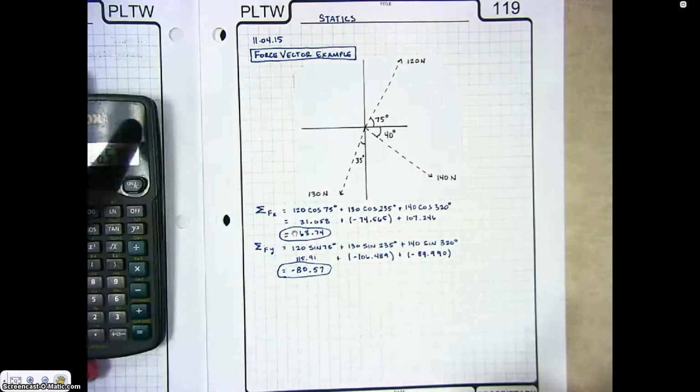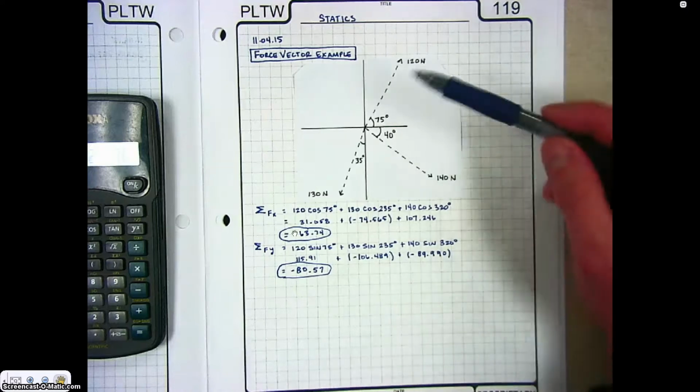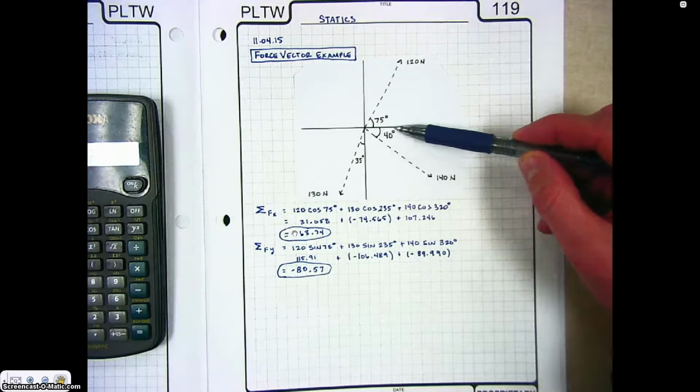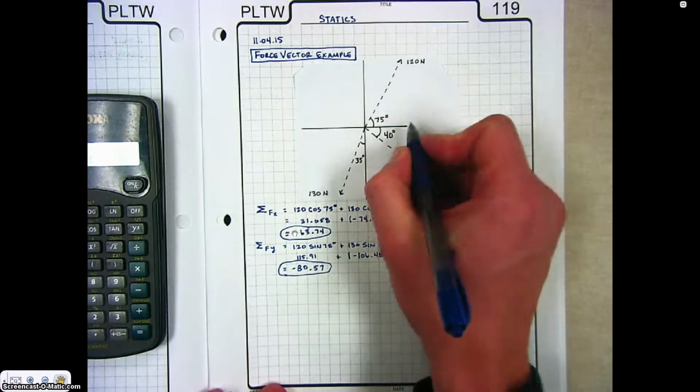Now we are going to calculate the resultant magnitude based on those two numbers. In the x direction, we've gone over 63.74 newtons, so I'll go ahead and write that in.